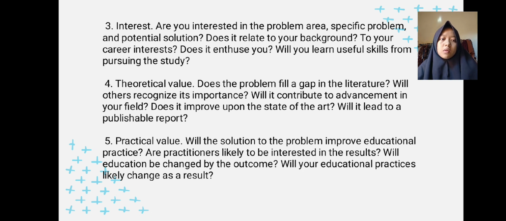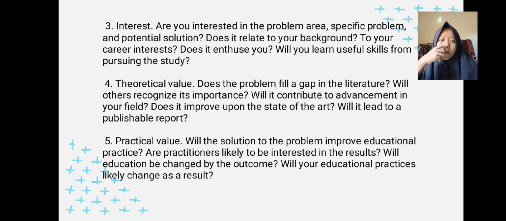Then you need to have theoretical value. Does the problem fill a gap in the literature? Will others recognize its importance? Will it contribute to advancement in your field? Does it improve upon the state of the art? And will it lead to a publishable report?